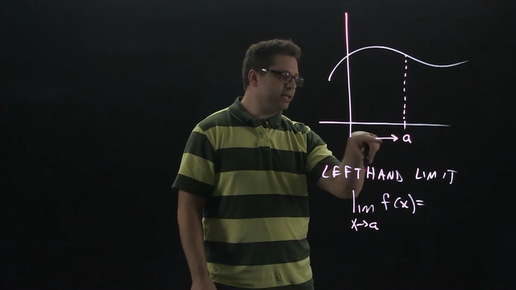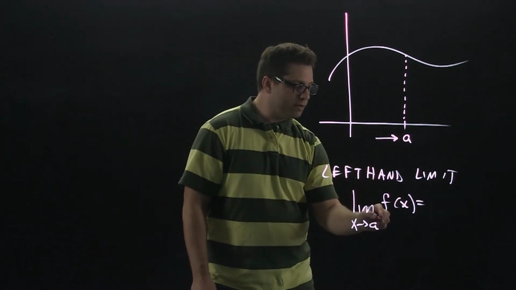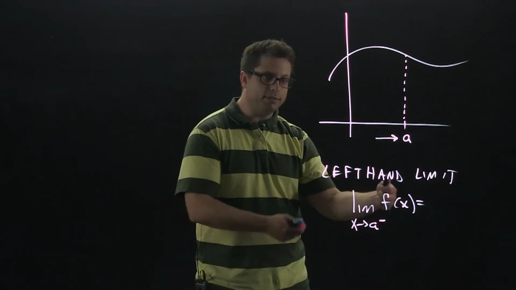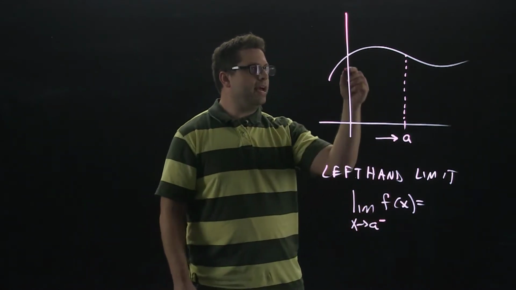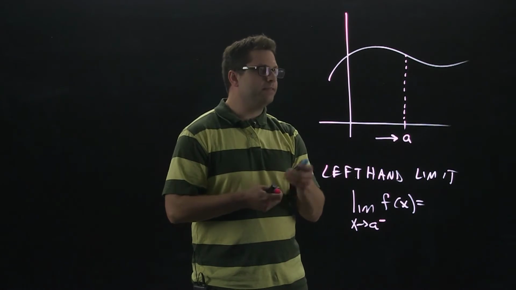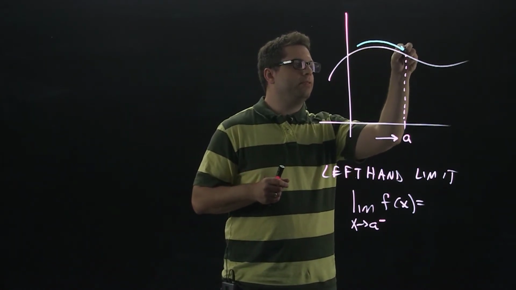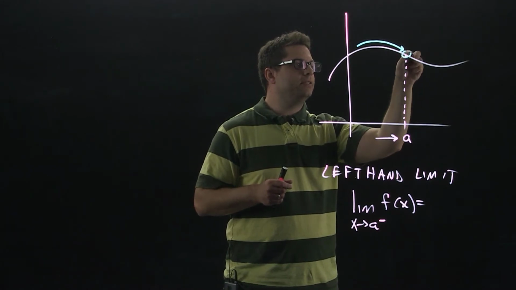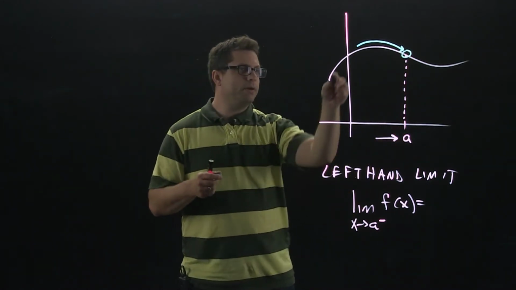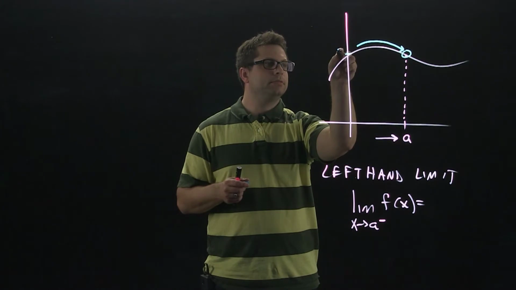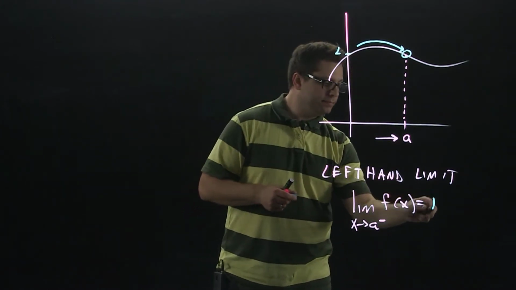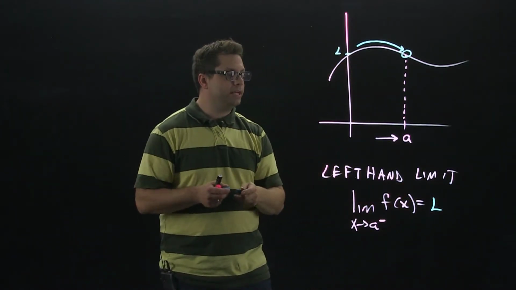Since you're coming in from the negative side, we put a little minus sign there. As you follow the graph, the limit value is what we expect to approach, which is right there. I'm just going to call that L. So that's the left-hand limit.